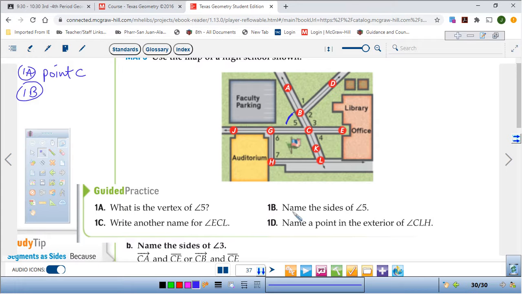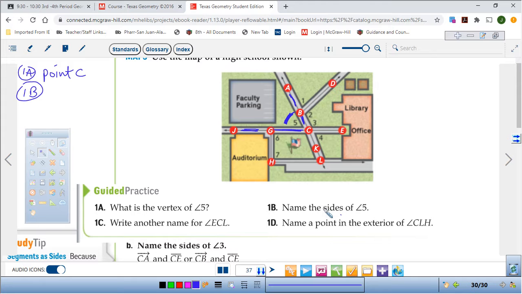Okay, let's go with 1B. Name the sides of angle 5. Angle 5 is here. ECG.